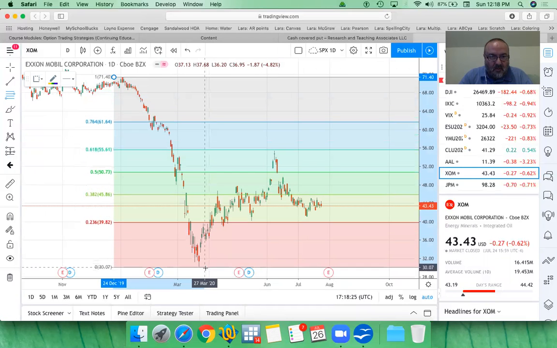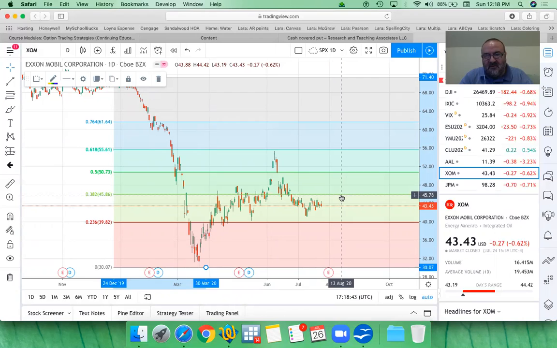If you go and draw this from the top right before coronavirus to the bottom right at the crash of the coronavirus, notice how 39.82 seems to be a very good support point, and then 45.86 is a good resistance point. So I'm thinking about $40 would be a fairly good way to write my put. I don't want to buy, but I want the income intention.